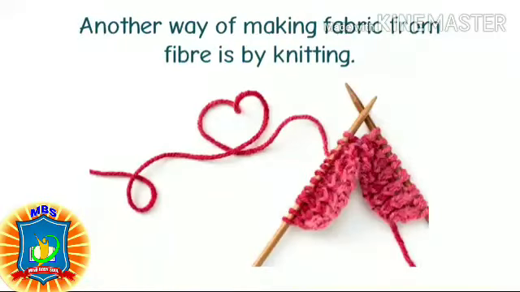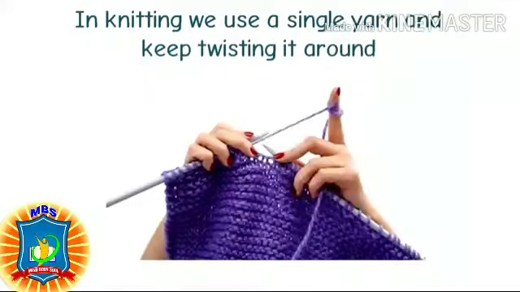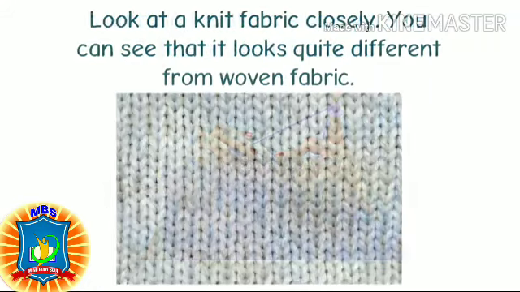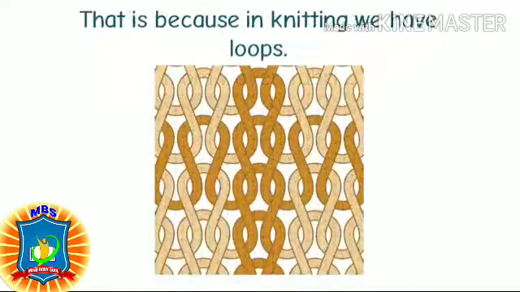Another way of making fabric from fiber is by knitting. In knitting, we use a single yarn and keep twisting it around. Look at a knit fabric closely. You can see that it looks quite different from woven fabric. That is because in knitting we have loops.